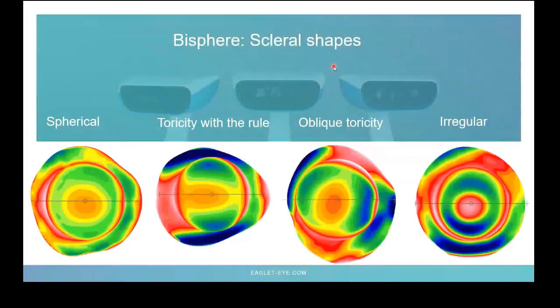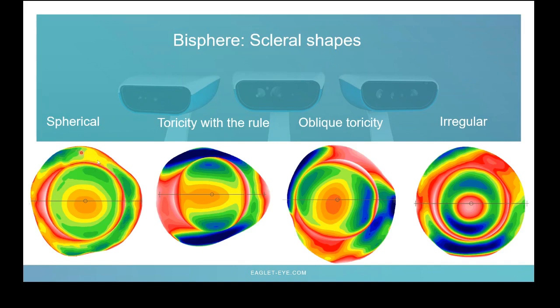You also can look at the scleral shape, the scleral conditions. A spheric eye. So if you look at the sclera, this is more or less symmetrical looking. So no deep blue areas, not a lot of red areas, only this ring, but that's just the junction between the two areas.